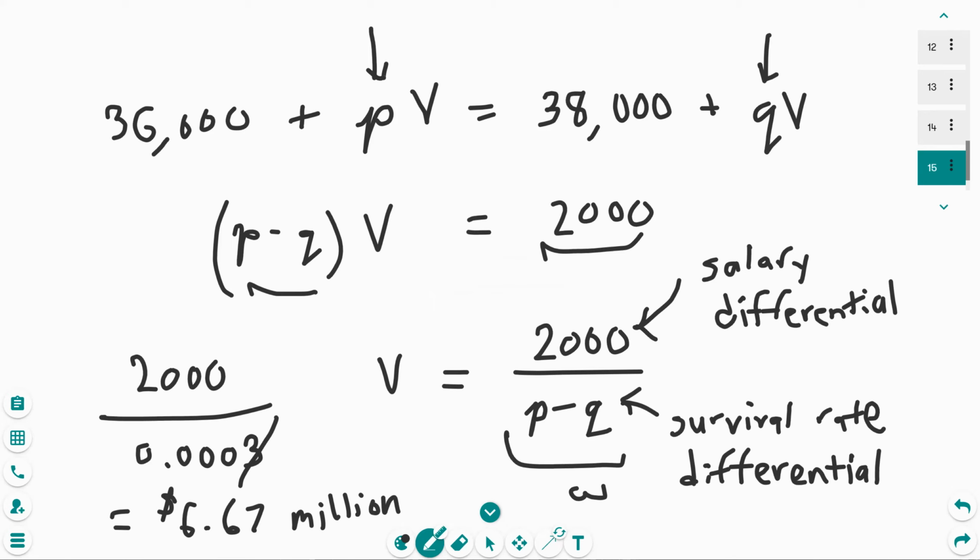That's going to make this a 0.0002 differential in mortality rate. And if we take 2,000 divided by 0.0002, instead of 6.67 million, we actually get 10 million.